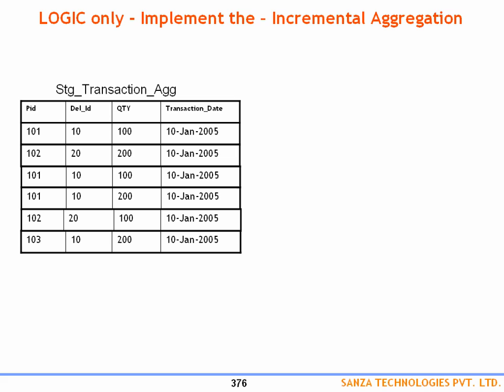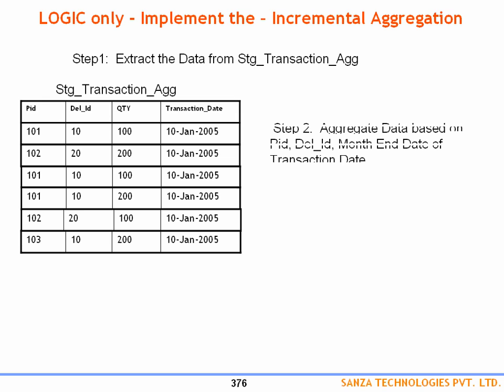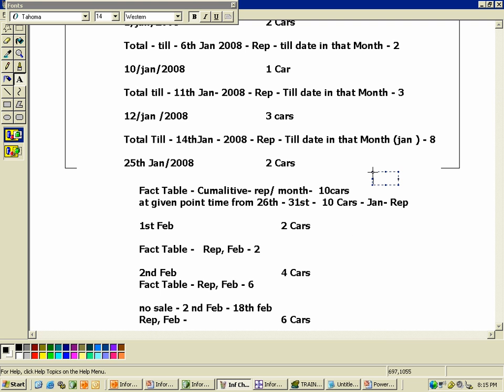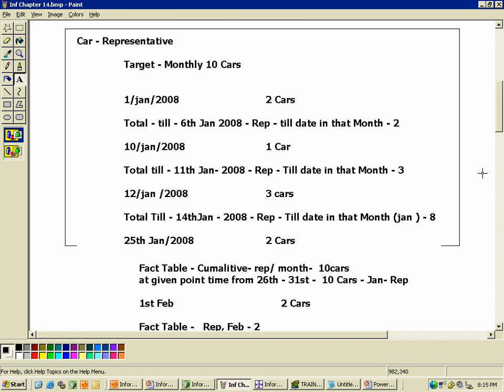Let us assume you have data in the stage transaction AGG. You extract the data from stage transaction AGG, then you aggregate based on product ID, dealership ID, month and date of the transaction date, because we are calculating for that month.